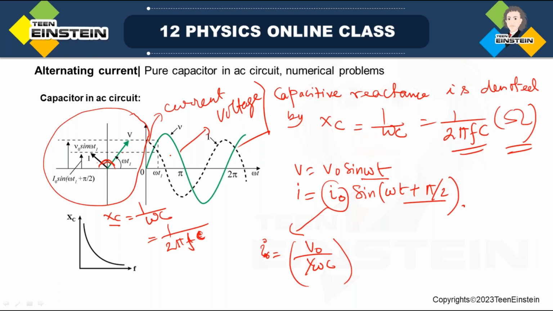Okay, so this is about the capacitor in an AC circuit.